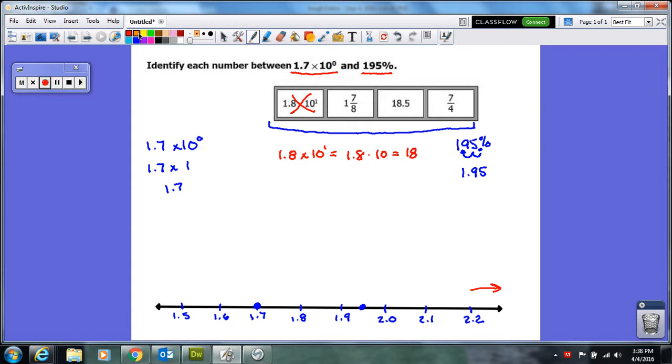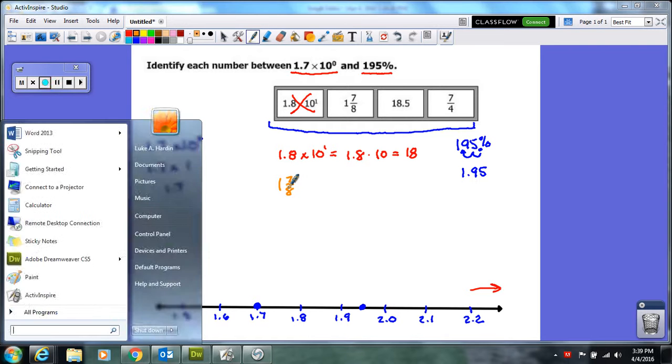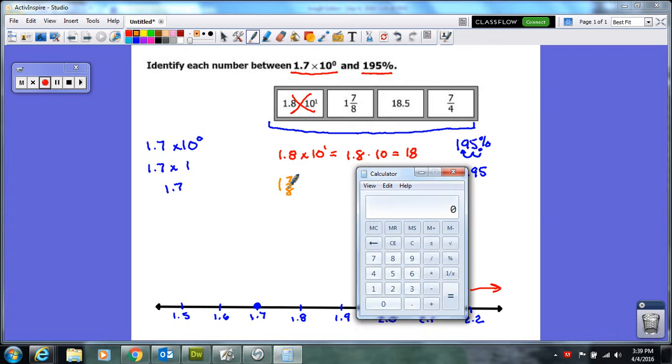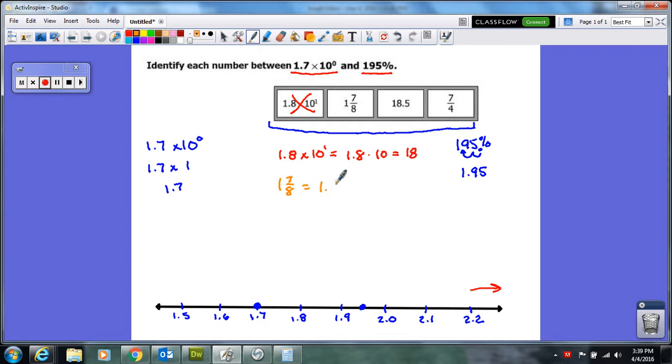All right, let's try 1 and 7/8. It's almost already a decimal. All we need to do is turn 7/8 into a decimal. To do that, I'm going to use my calculator and simply divide 7 by 8, and then rewrite my mixed number as a decimal. So instead of 1 and 7/8, it's 1.875.